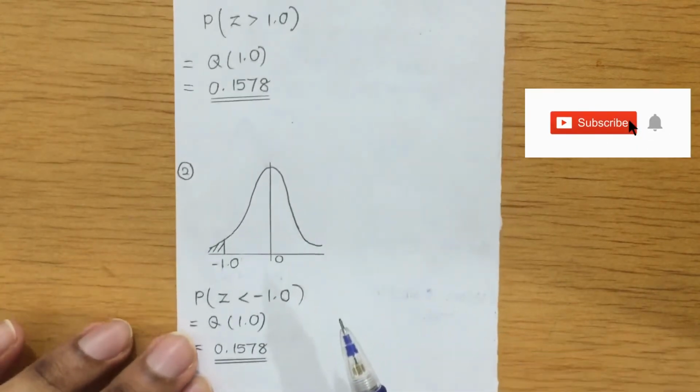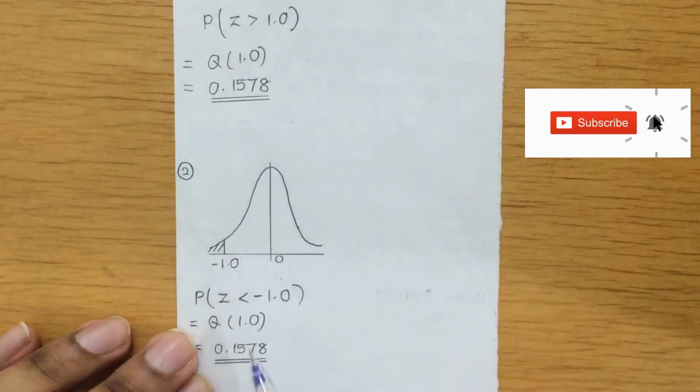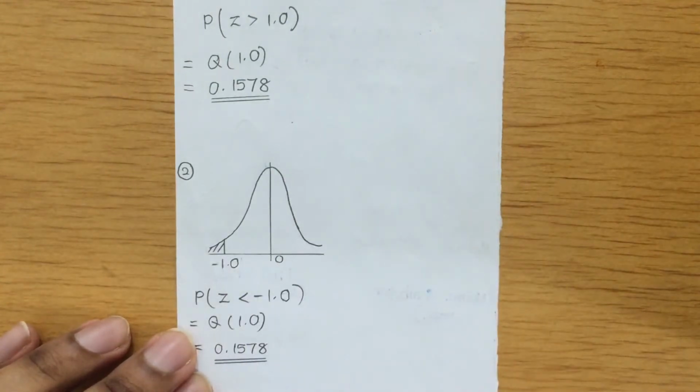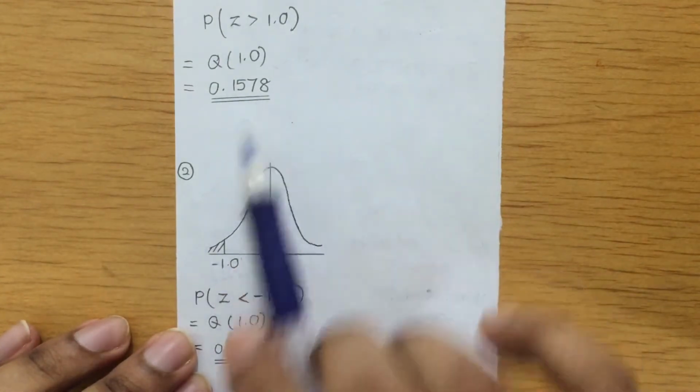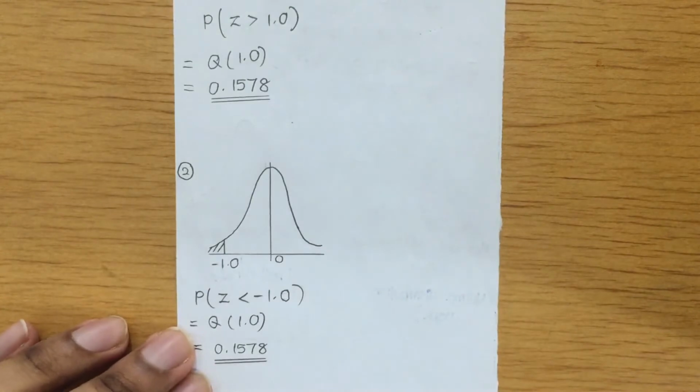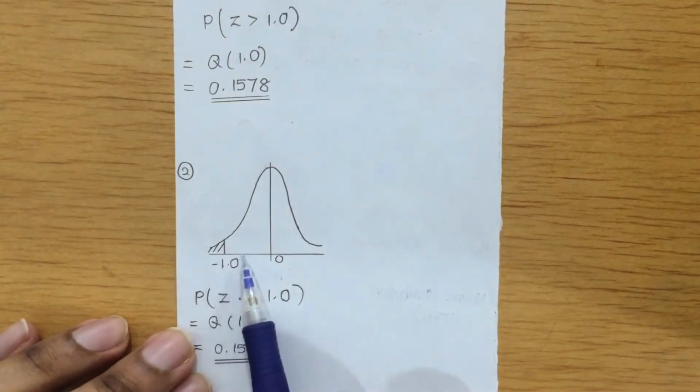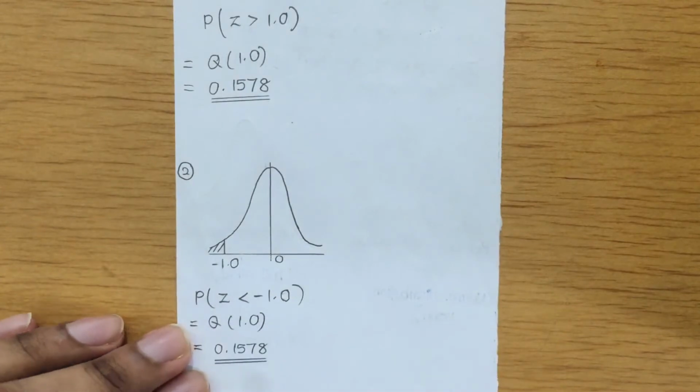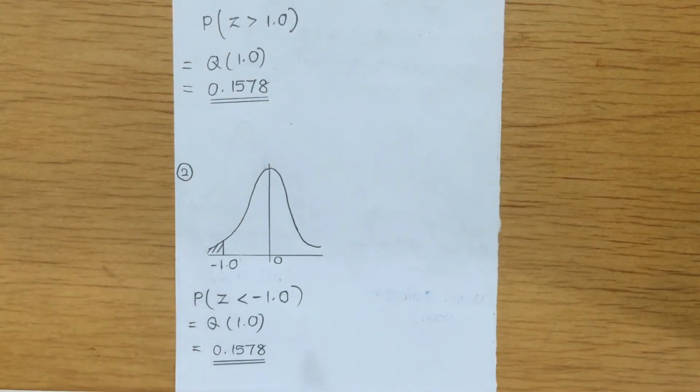By the way, guys, for your information, this value stands for the probability value. That means 0.1578, when you convert it into a percentage, means you have a 15.78% chance that this event might occur. So this is the second example. I have 3 more examples to discuss, so please hold on for a moment.